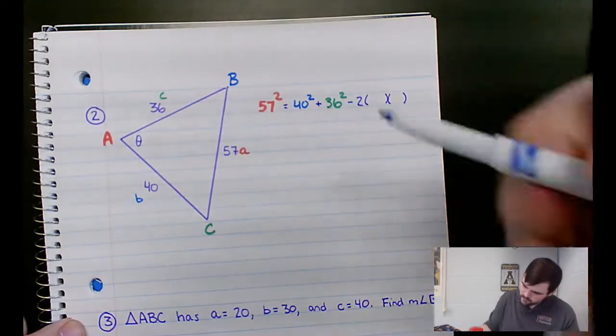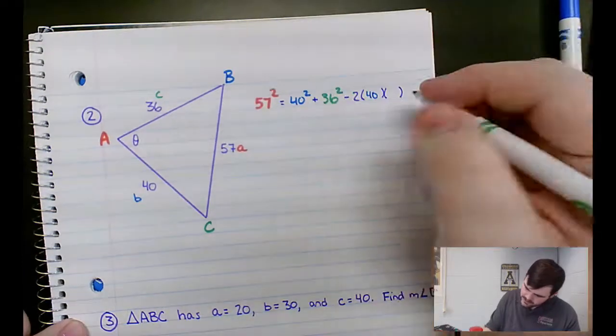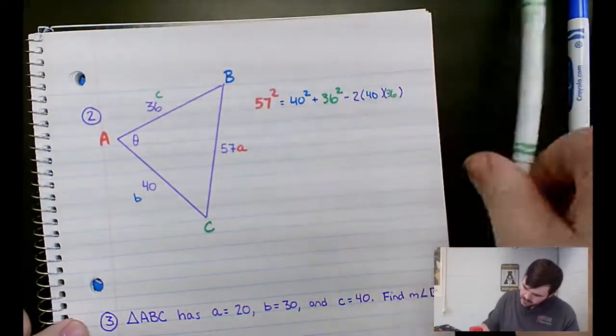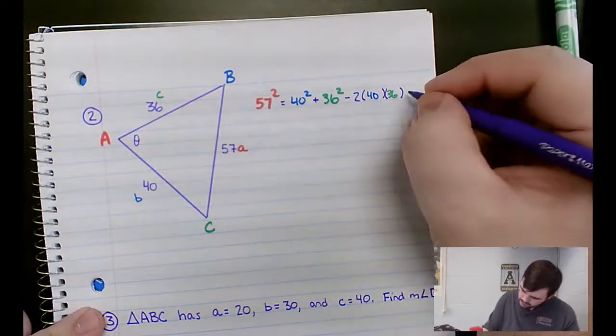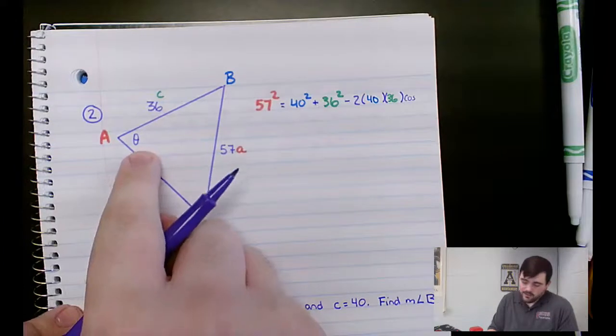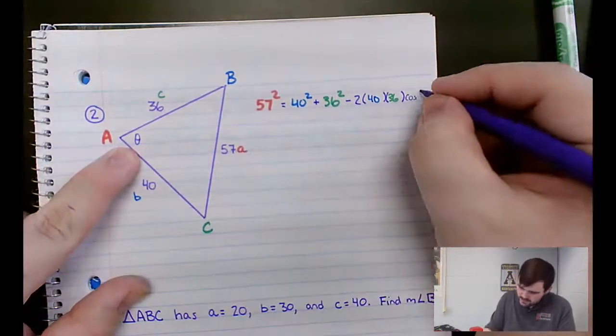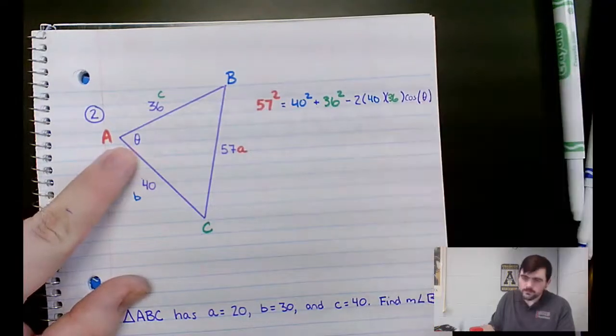Little b is 40, little c is 36, times the cosine of what I'm solving for, right? Times the cosine of the angle across from A. So this will just be times the cosine of theta.